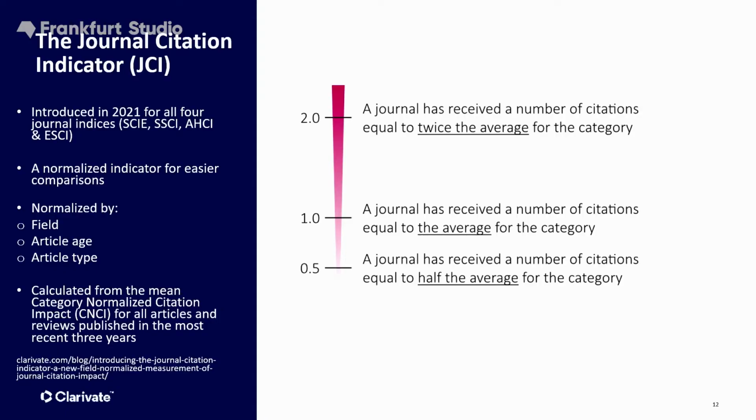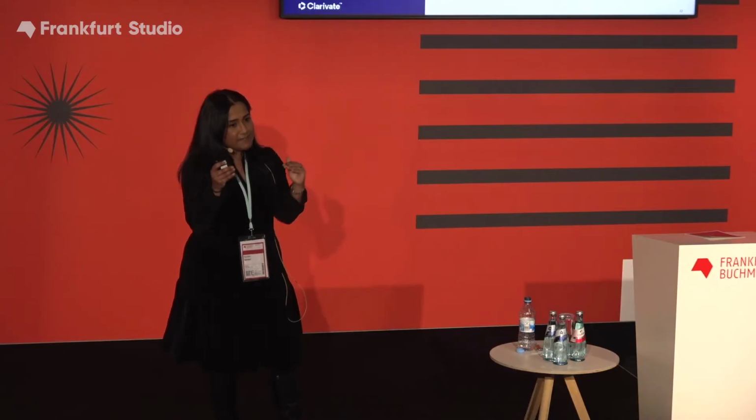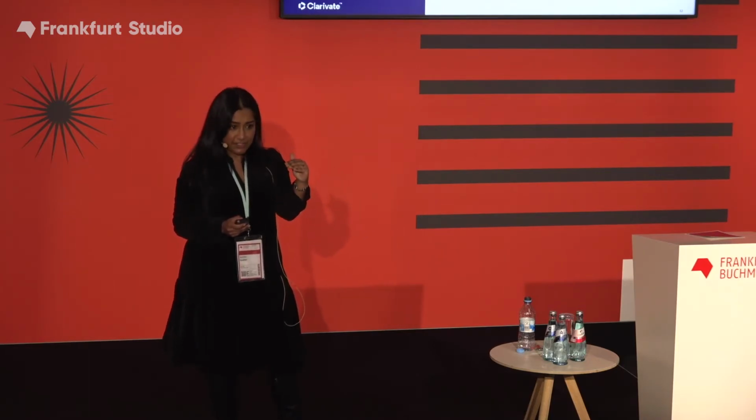As we know, different fields have different average citation rates. And in general, citations in the arts and humanities are much lower than citations in the social sciences or sciences. So the way the JCI works is that a journal that has a JCI of 1 has activity which is effectively the average for that category.